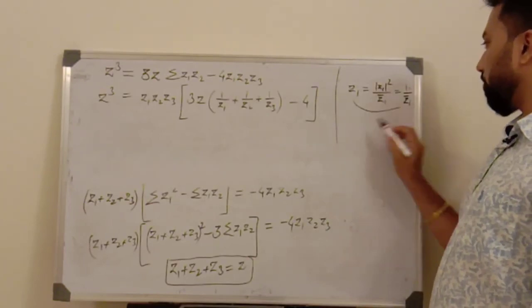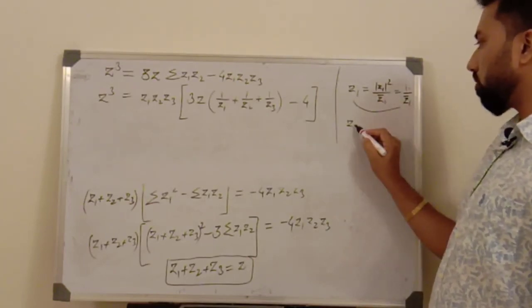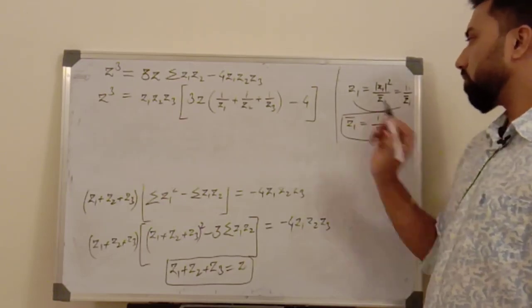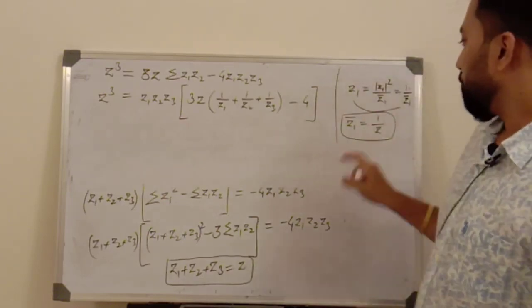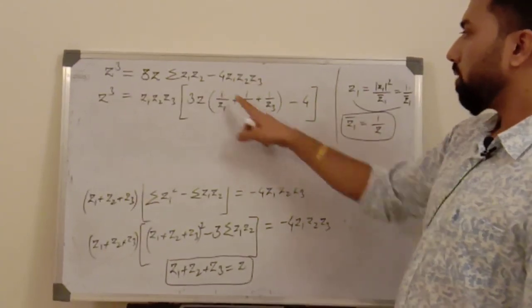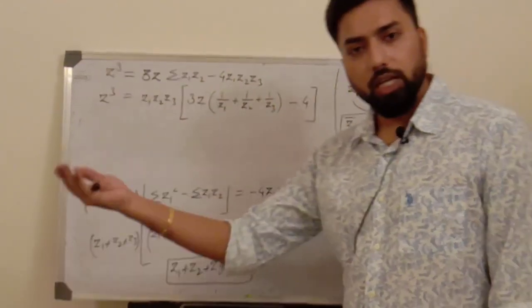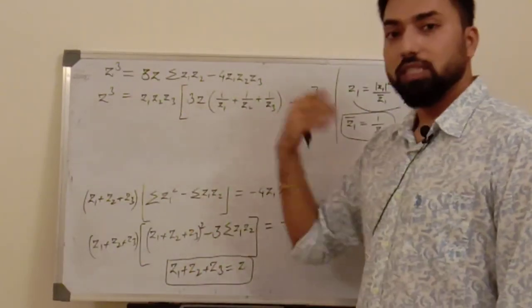Using these two, you will get z1 bar is equal to 1 by z1. So using this one, 1 by z1 is z1 bar. Similarly, 1 by z2 would become z2 bar, and this will become z3 bar.